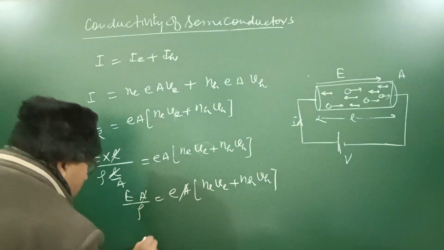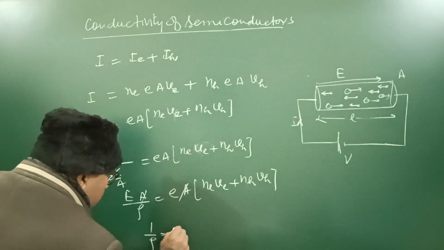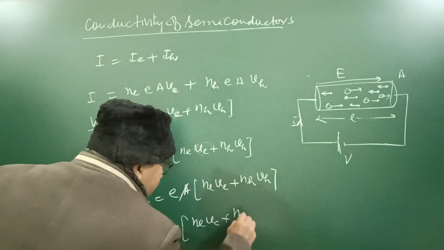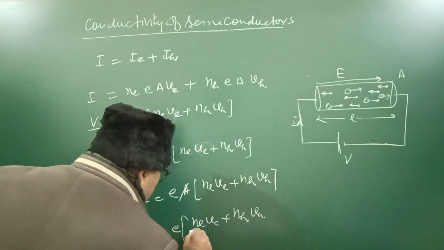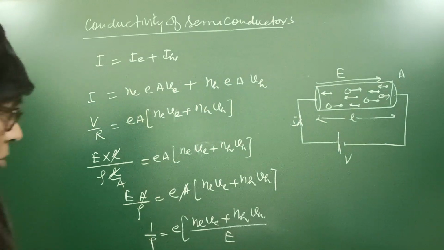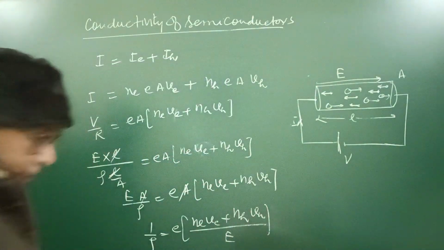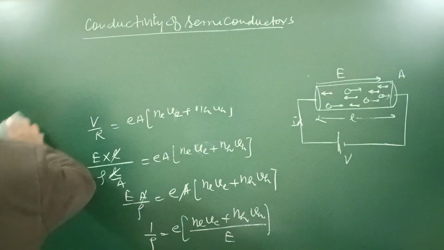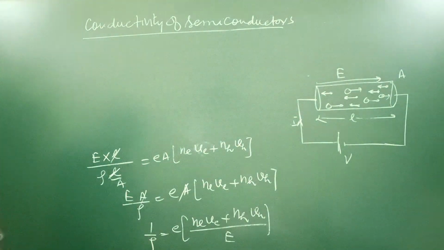A cancels, 1 upon rho equals e into (NeVe plus NhVh) upon E, or we can write it as 1 upon rho, the reciprocal of resistivity, conductivity.